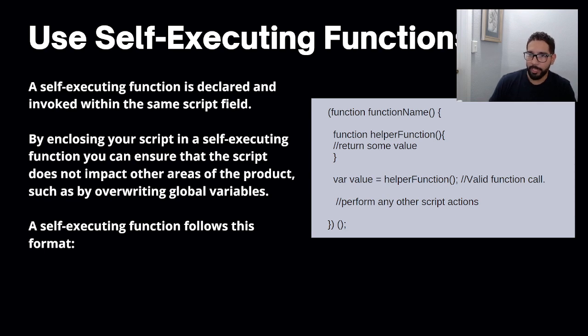So this ensures that the script does not impact other areas in your product or your project, right? And it will help by not overriding global variables, and it will contain that script to itself, right?